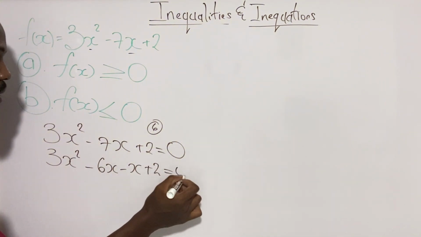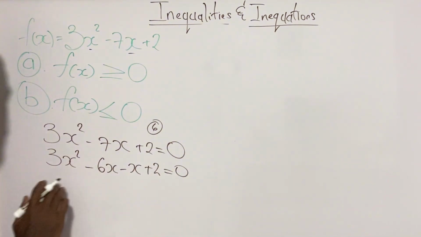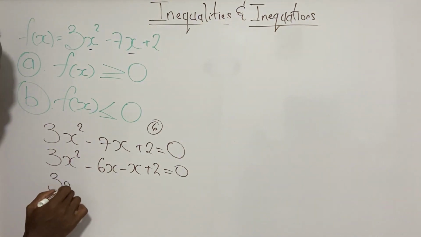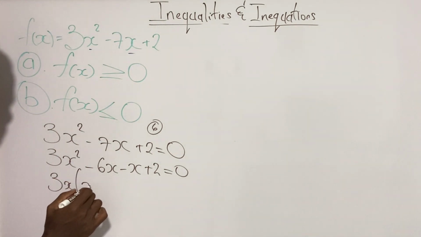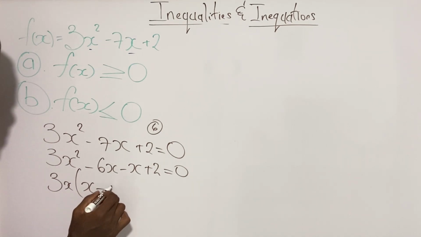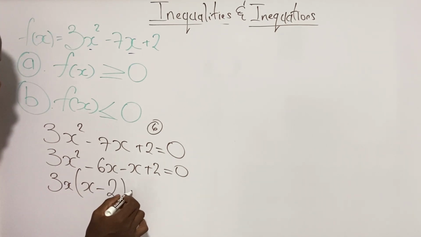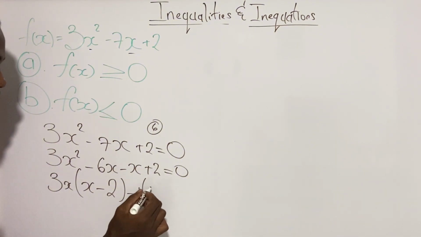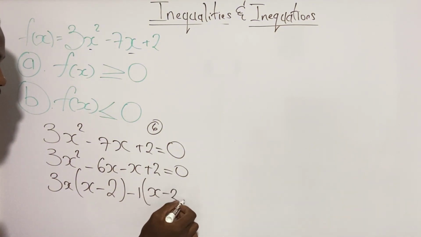In factorizing this further, we're going to take out 3x in a bracket. We're going to be left with x minus 2 in a bracket, and here we're also going to be left with negative 1 bracket x minus 2.